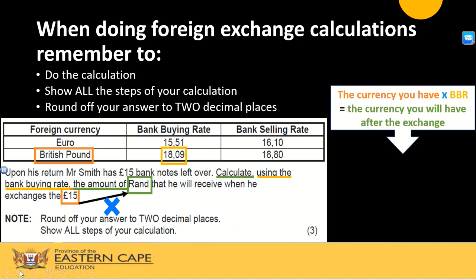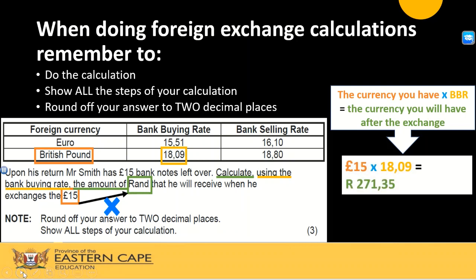That will give us the correct answer, which is the currency that we will have after the exchange. And there you have the correct answer. £15 multiplied by 18.09 is going to give you 271 Rand and 35 cents. You will see that there is no rounding off required in this case.